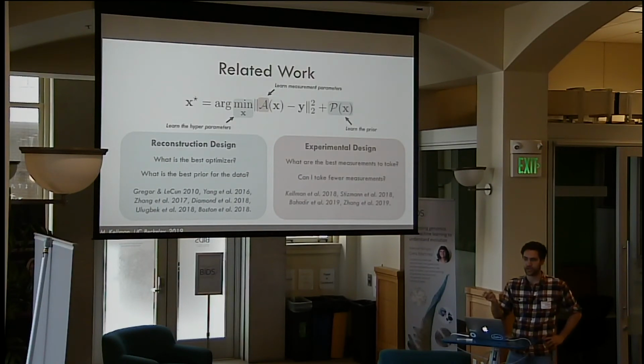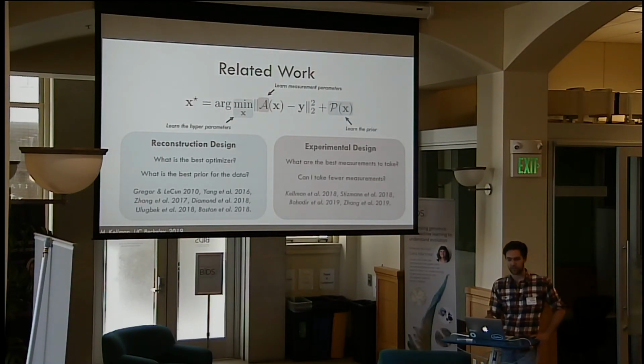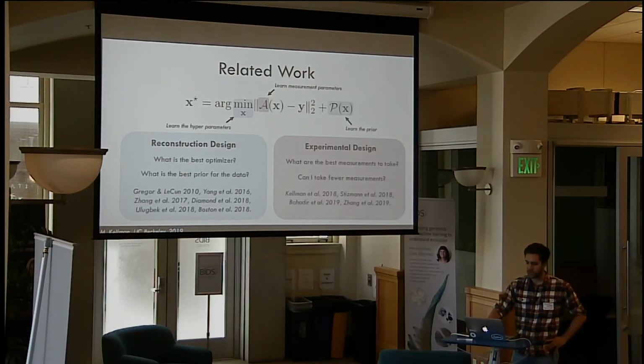How do you find the best encoding for the information you want to retrieve? I've highlighted this for gradient descent, but this really works for any iterative optimizer, such as conjugate gradient, proximal methods, as well as alternating direction methods like ADMM. All can be viewed as differentiable networks.